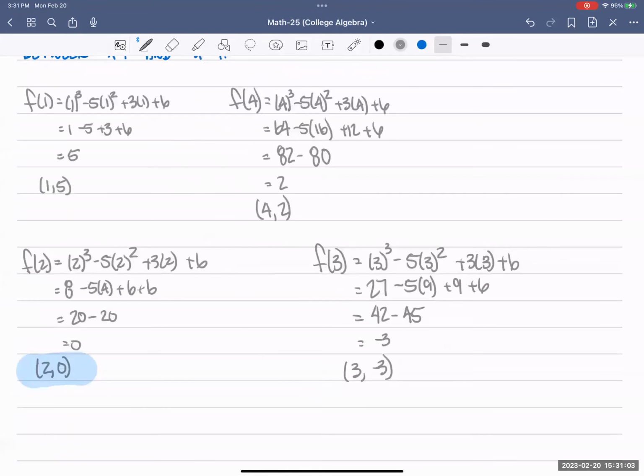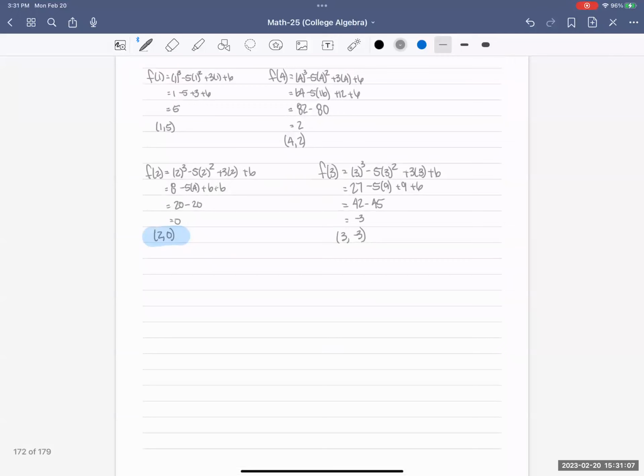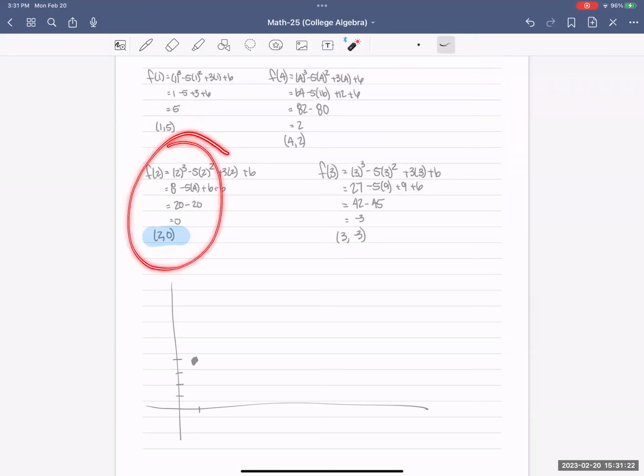This is actually really important. So let's get a rough sketch of everything that we've found so far. We have our first point, 1, 5. So when x is 1, y is 5. F of 2, when x is 2, y is 0. F of 3, when x is 3, y is negative 3.